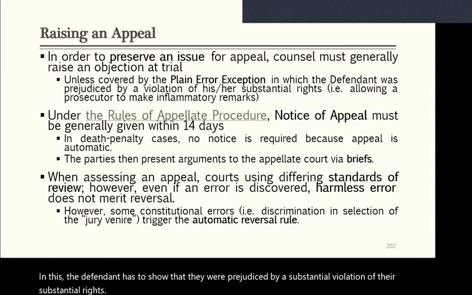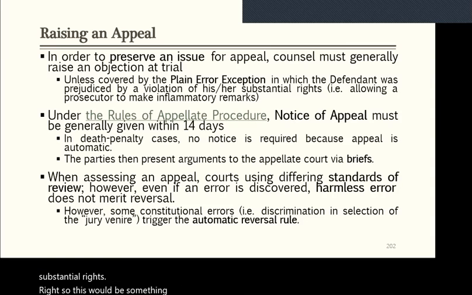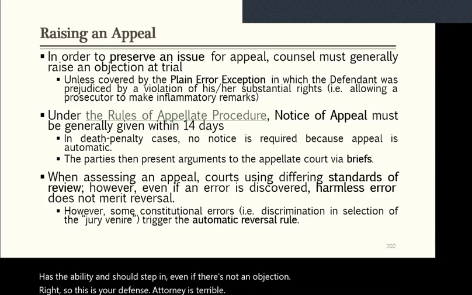So this would be something where the court has the ability and should step in even if there's not an objection, right? So your defense attorney is terrible. But the prosecutor knows this, so the prosecutor takes advantage of it, right?